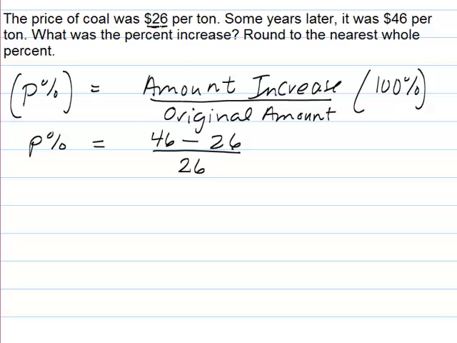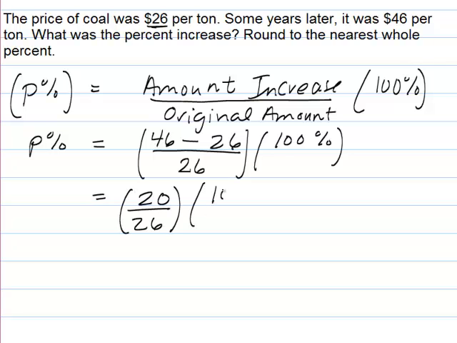So it started at 26. So we have 46 minus 26 divided by 26, and all of that multiplied by 100%. So 46 minus 26 is 20. 20 divided by 26, and then multiplied by 100%.